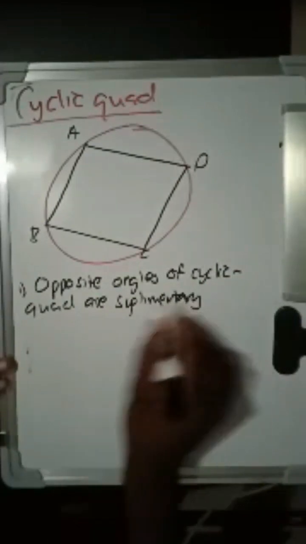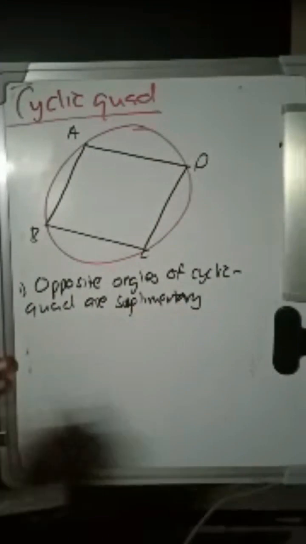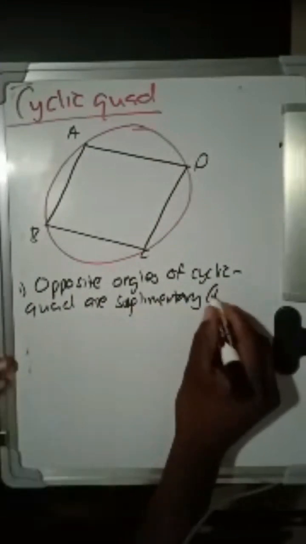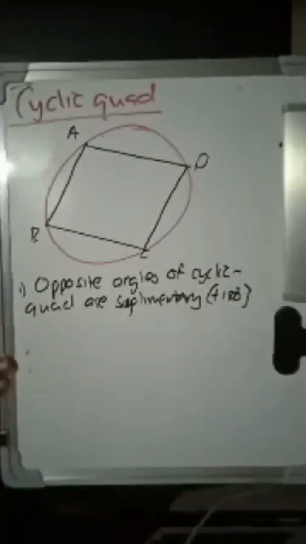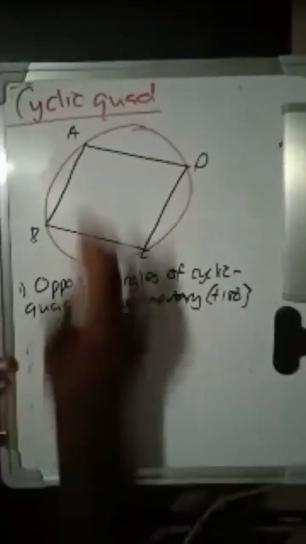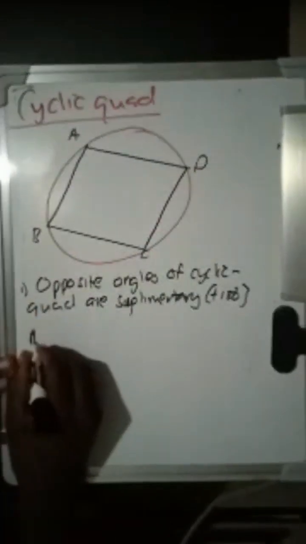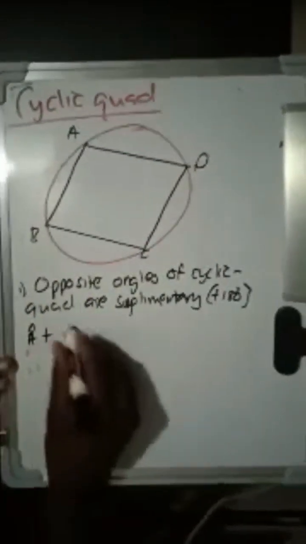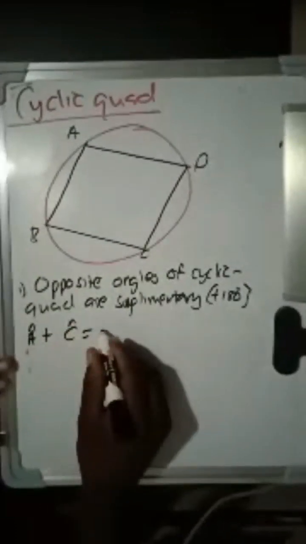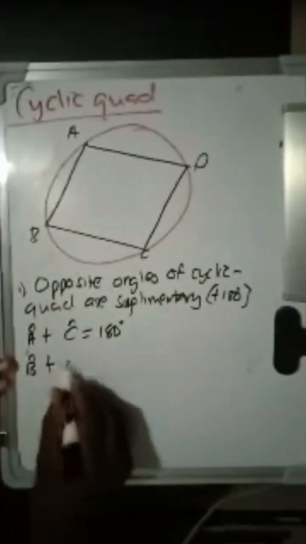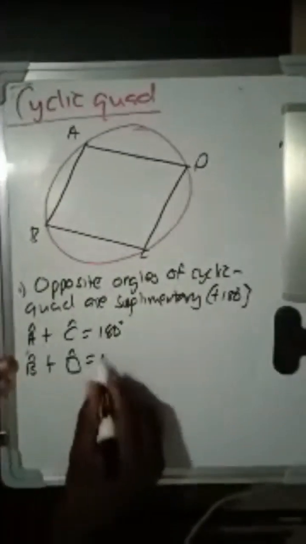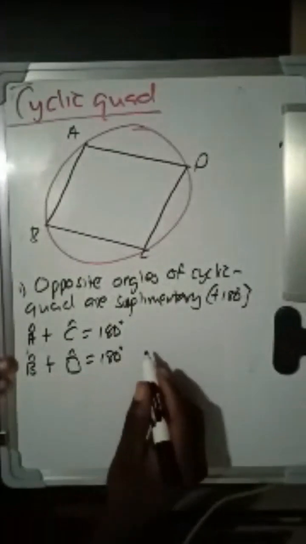Right. When you say supplementary, it means they add up to 180. So the opposite angles here in the cyclic quad are angle A plus angle C is equal to 180. And also the other pair of opposite angles, B plus D is equal to 180 degrees.